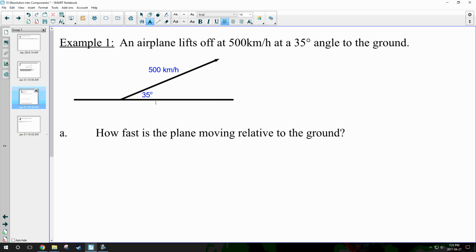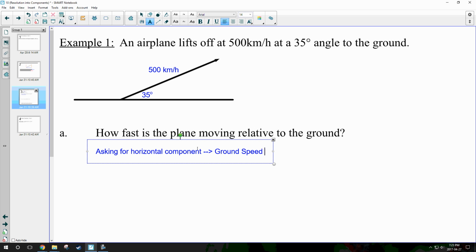What would be the speed it would be traveling along the ground? So it's asking us for the horizontal component, which is really asking for the speed that it would be on the ground, so ground speed.